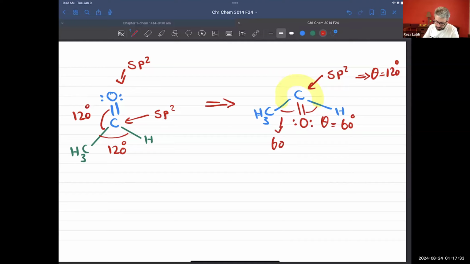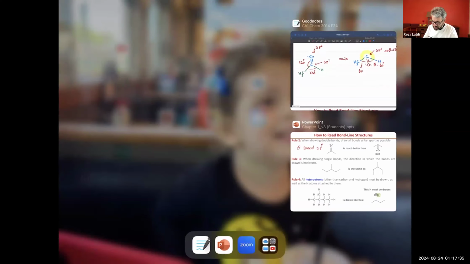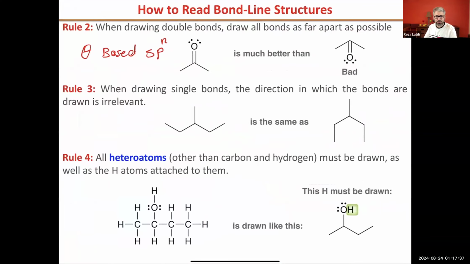Next thing is, it doesn't matter whether the bond is pointing up or down. What I mean is, for example, we have 1, 2, 3, 4, 5, 6 carbons. Or you can say this one is 4, and here 5, and call this one 6.